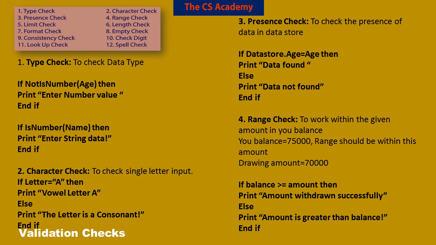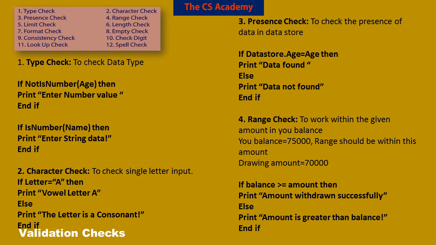Now check number 2 is the character check. It is used to check single letter input. That means if you want to focus on vowels, this will be the check which can be used to locate each character singly. So you will be taking input in letter, and the letter will be checked by the input data item, that is, there should be A, E, I, O or U. In this case you can continue with checking the data item in the letter field.